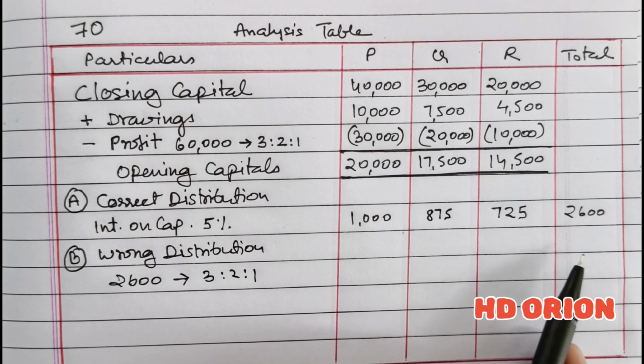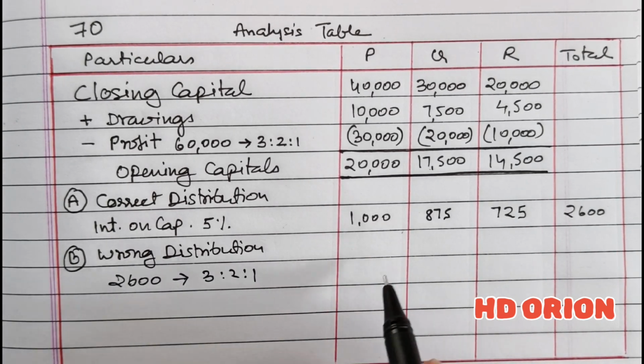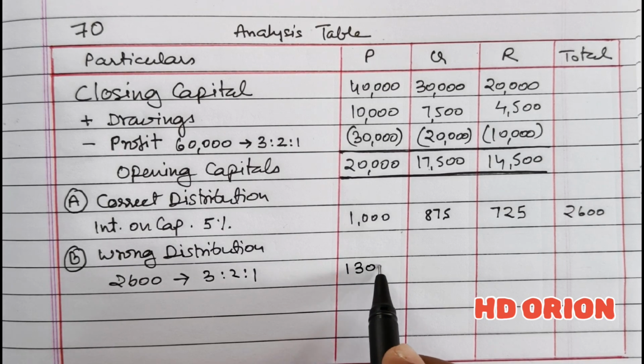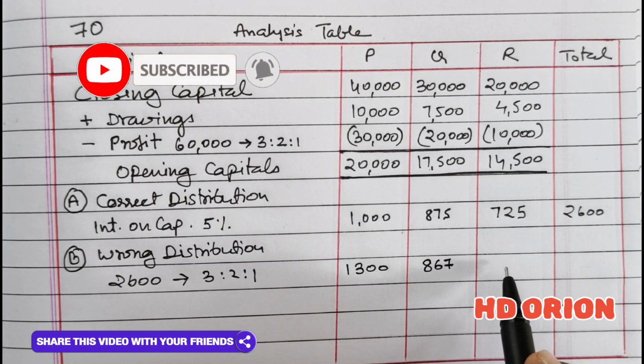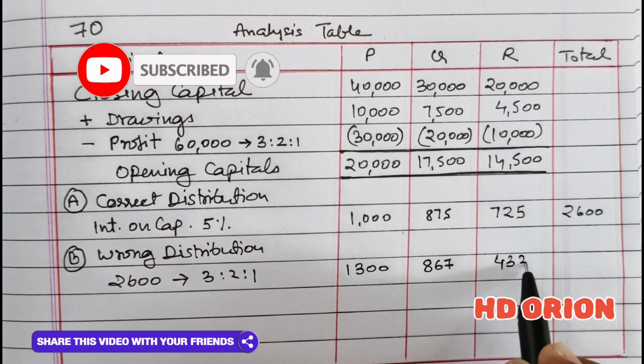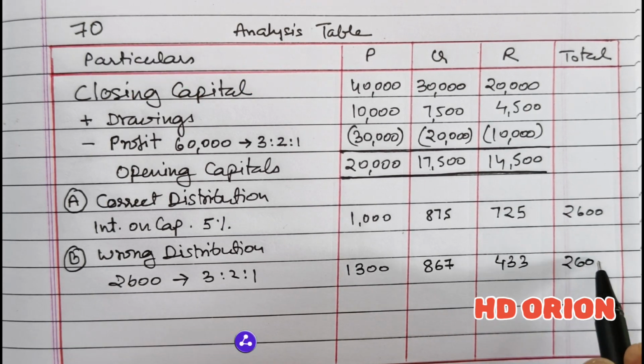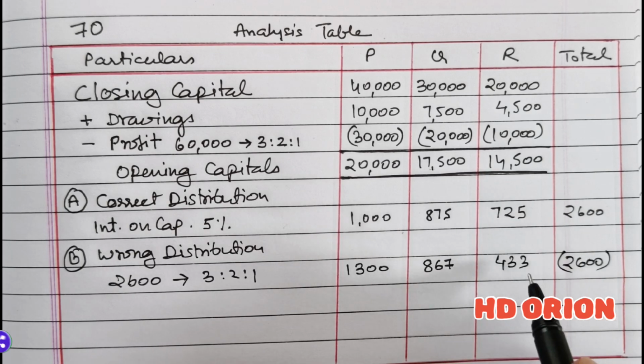So the amount is rupees 1,300 we gave to partner P, rupees 867 to partner Q, and rupees 433 to partner C, that is R.